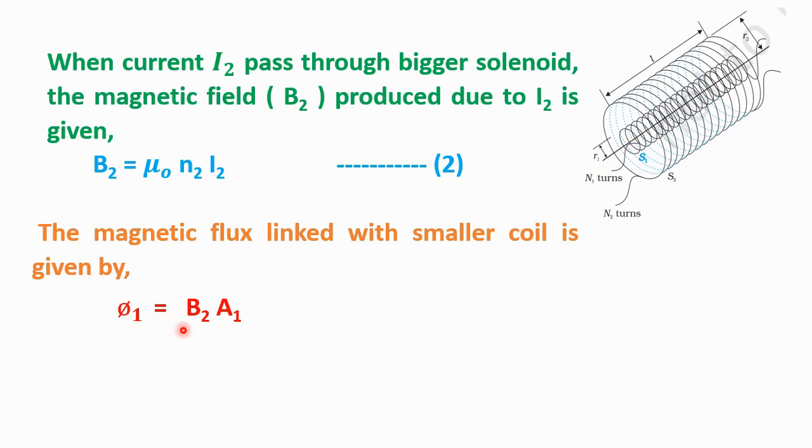Then we slightly modify the expression by multiplying both sides by N1, and this is the expression after multiplying with N1 on both sides. This is our previous equation. Now in this equation, we replace capital N1 and B2 using our previous equations 1 and 2.